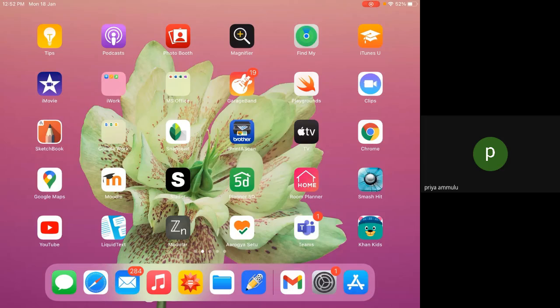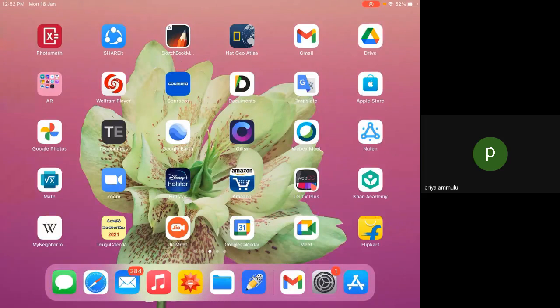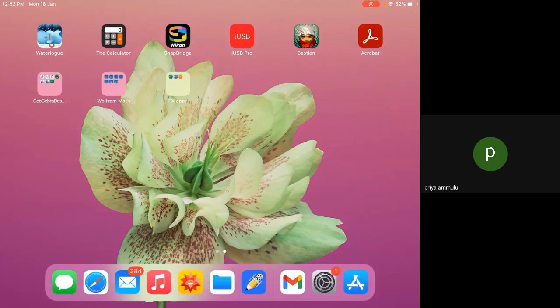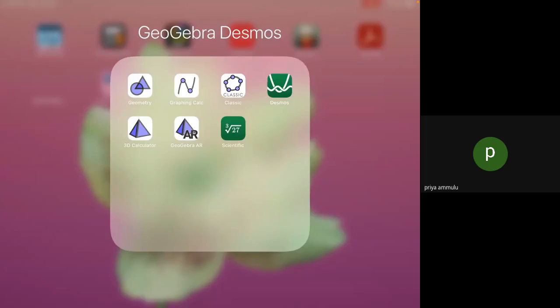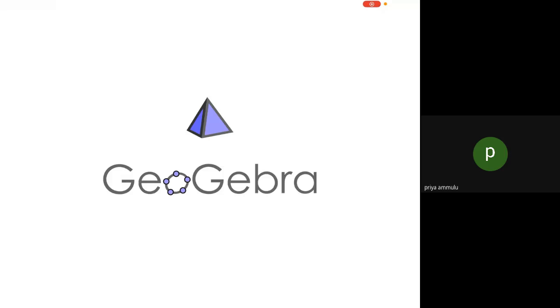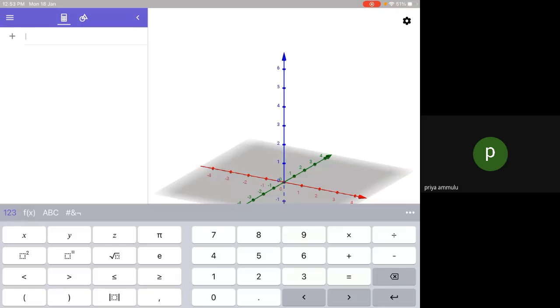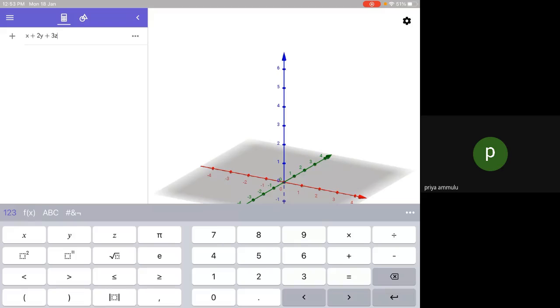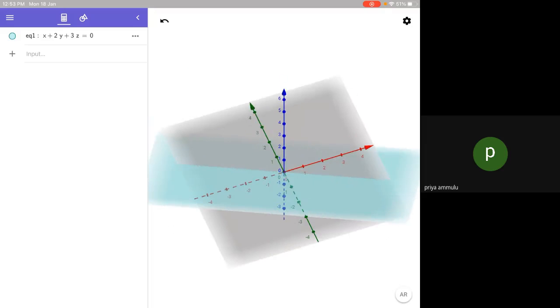I want to look at this visualization of this vector space. Instead of x1, x2, x3, I'm taking x, y, z. x plus 2y plus 3z is equal to 0. If you look at this one, this is the space I'm talking about.